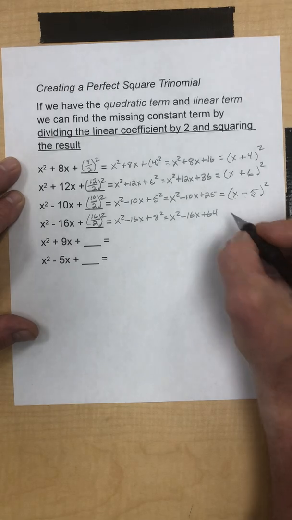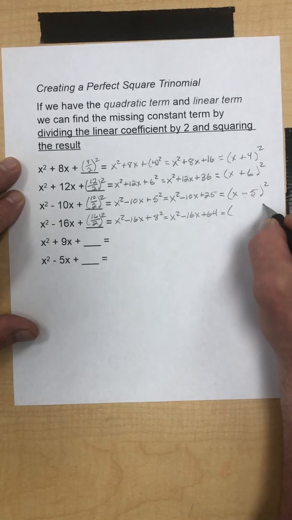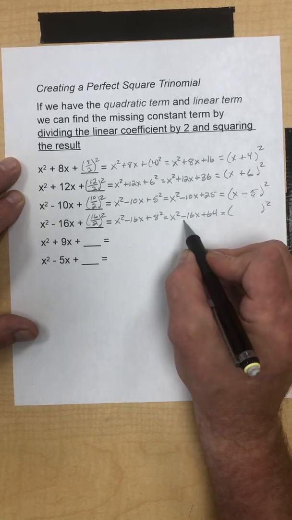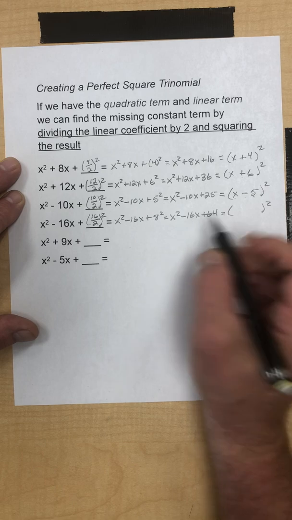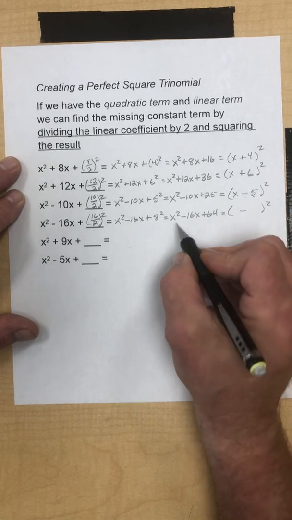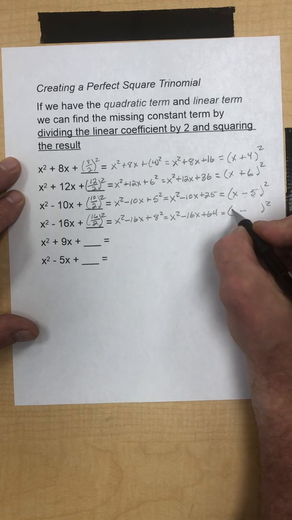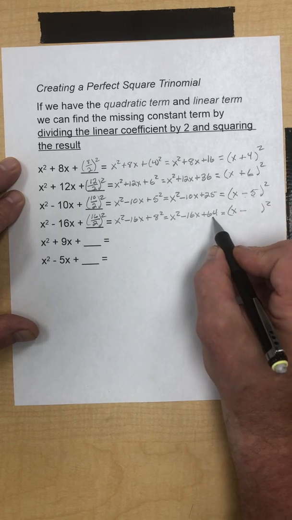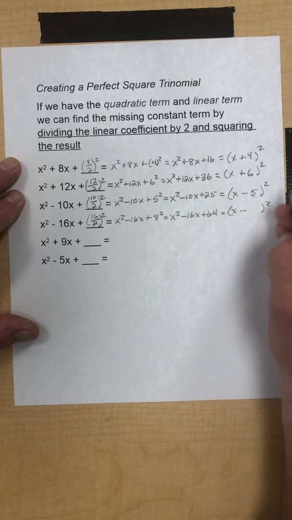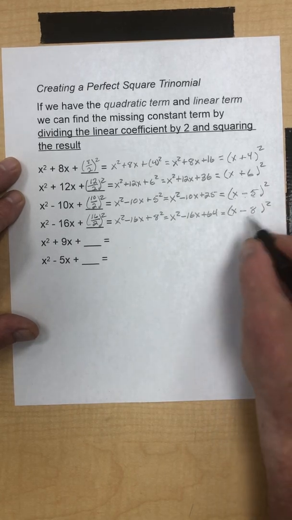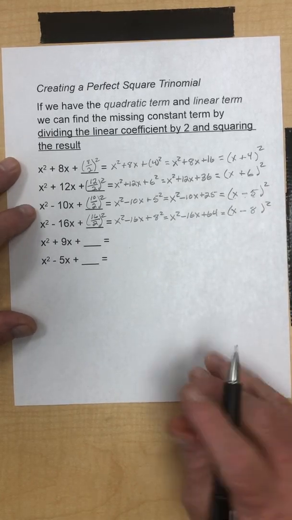Perfect square trinomial. And then we can factor that. Bring the sign of the linear term over, that's minus. Square root of the quadratic term, the first term, square root of x squared is x. Square root of the constant term, that last term, square root of 64 is 8. And we're done. That's our factored form of the perfect square trinomial.